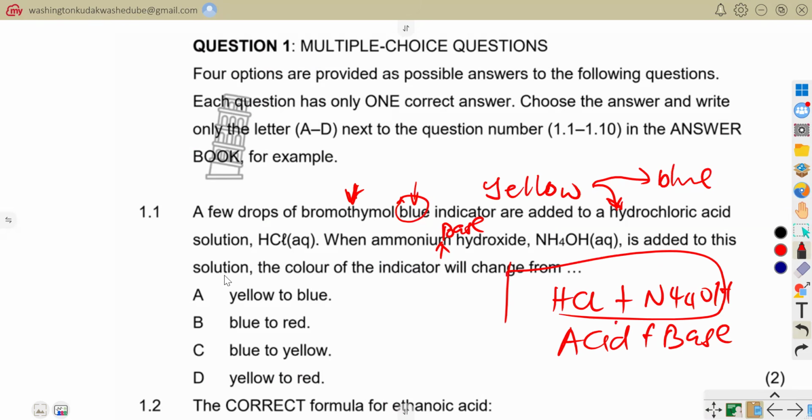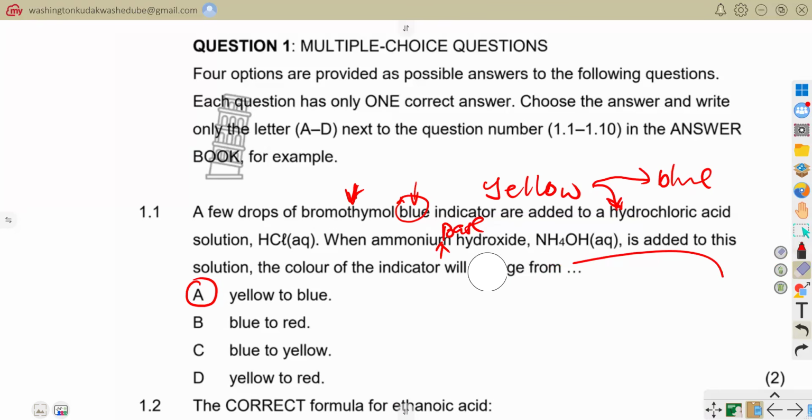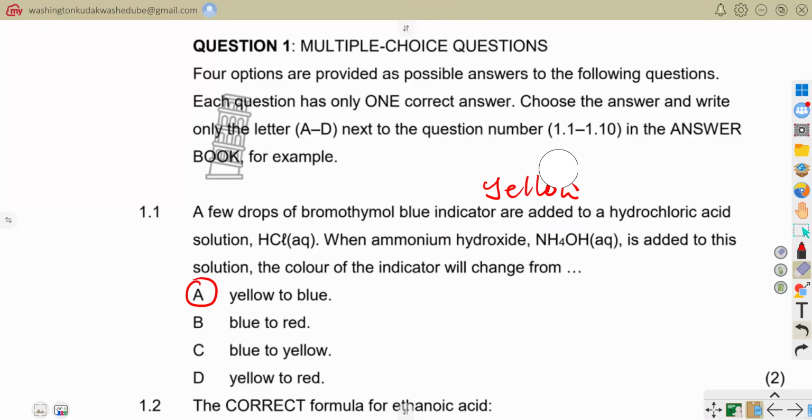So the color change was supposed to be from yellow to blue, and the answer there was supposed to be A. Because initially we added an acid, so our color was yellow, and then when we added a base, our color changed from yellow to blue.